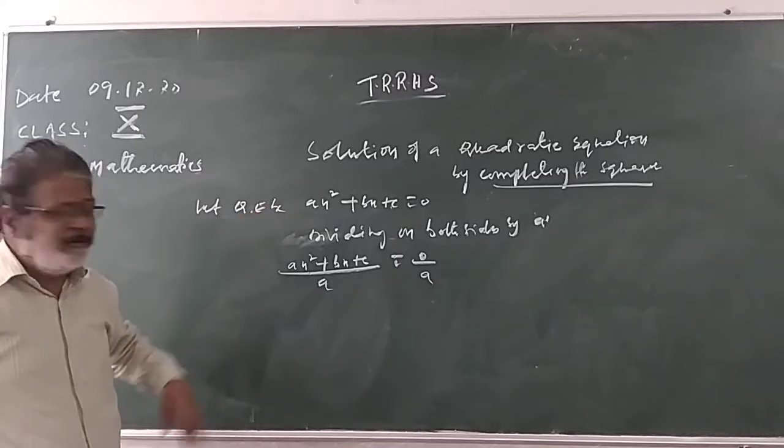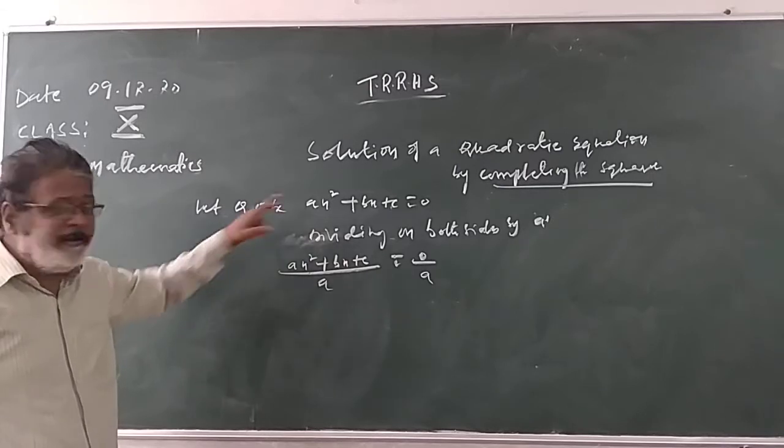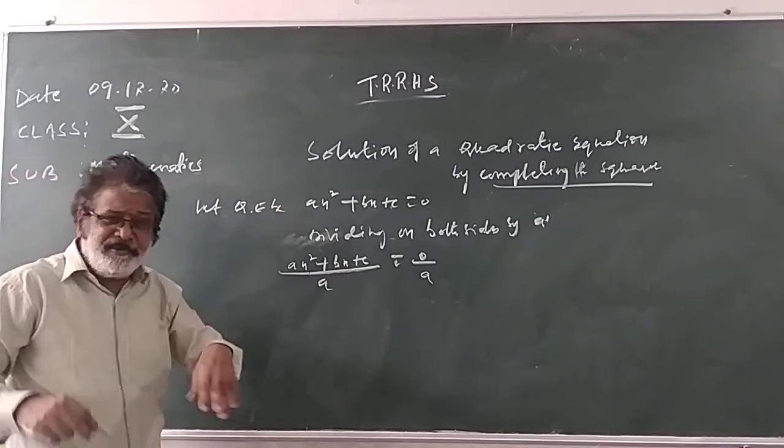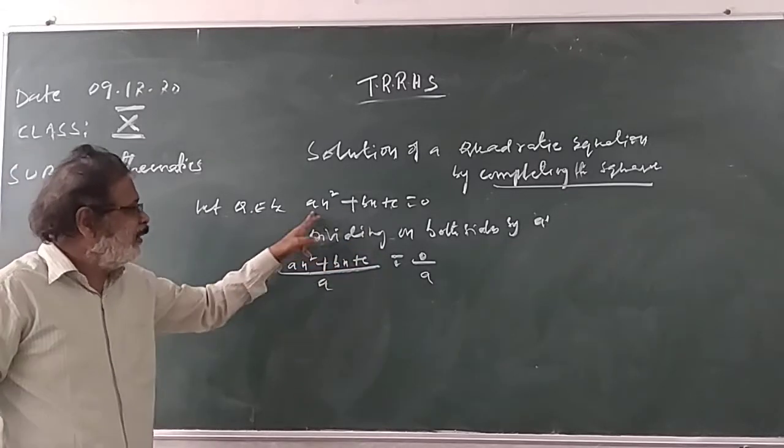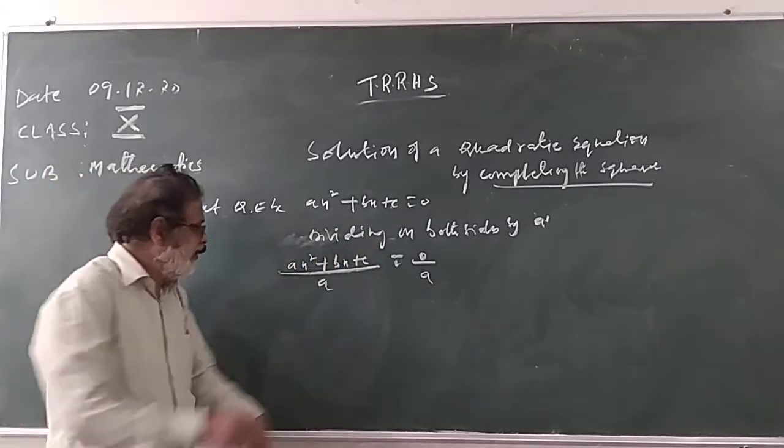It should be eliminated. How do you eliminate? Divide throughout the equation by a. ax square plus bx plus c divided by a is equal to 0 divided by a.